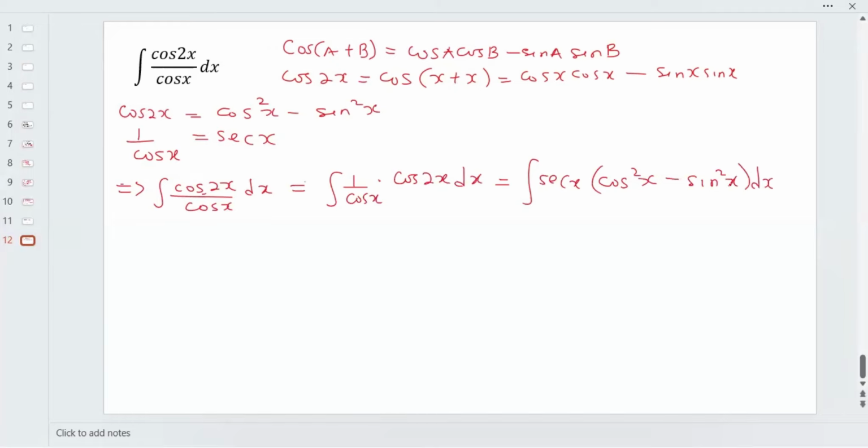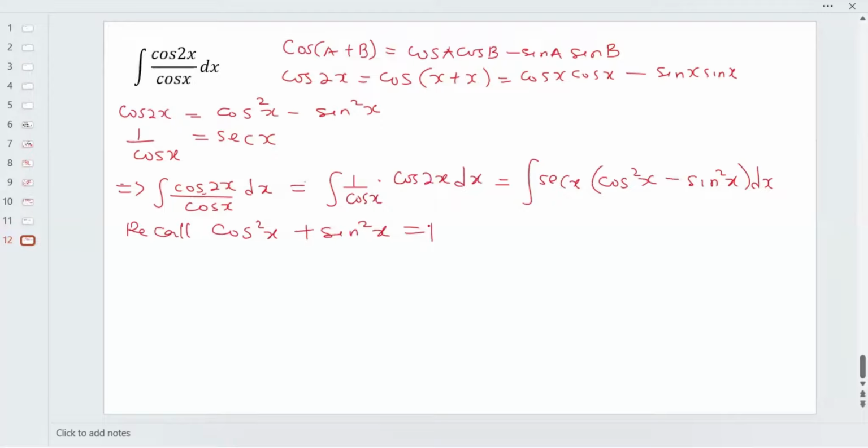And this is interesting. So what other manipulation can we do? If we recall, there's a simple trigonometric identity: cos squared x plus sin squared x gives us 1. This implies that cos squared x equals 1 minus sin squared x.